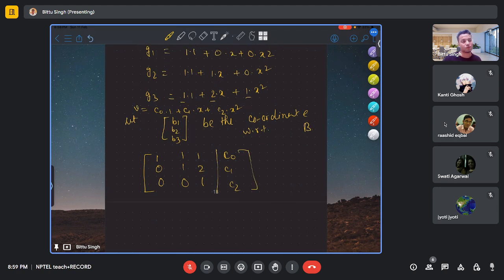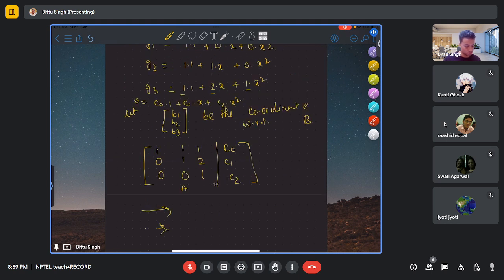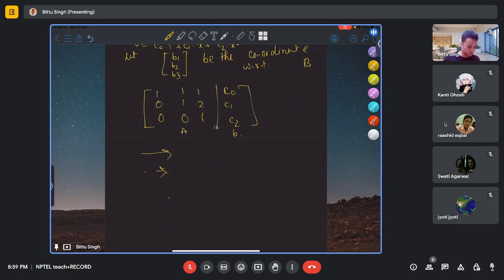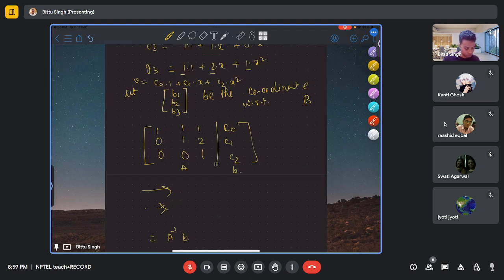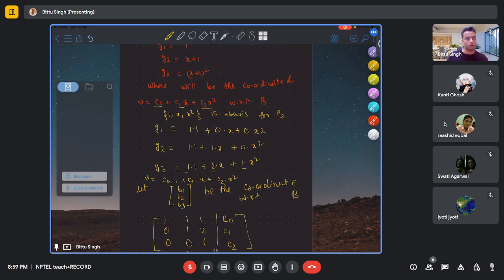Now solve for the following. Use row reduction, you will get something. If you assume this to be A and this is B, then A inverse B will give you the vector B1, B2, B3. This is how you can find coordinates with respect to any system.